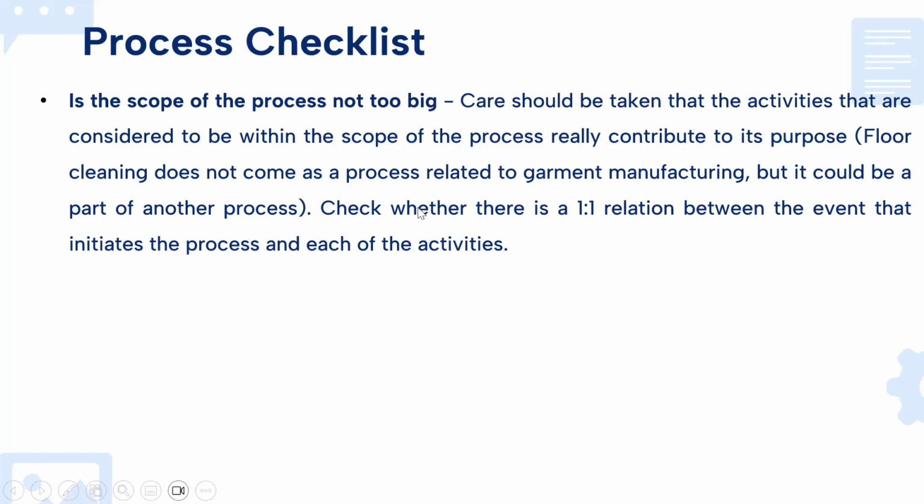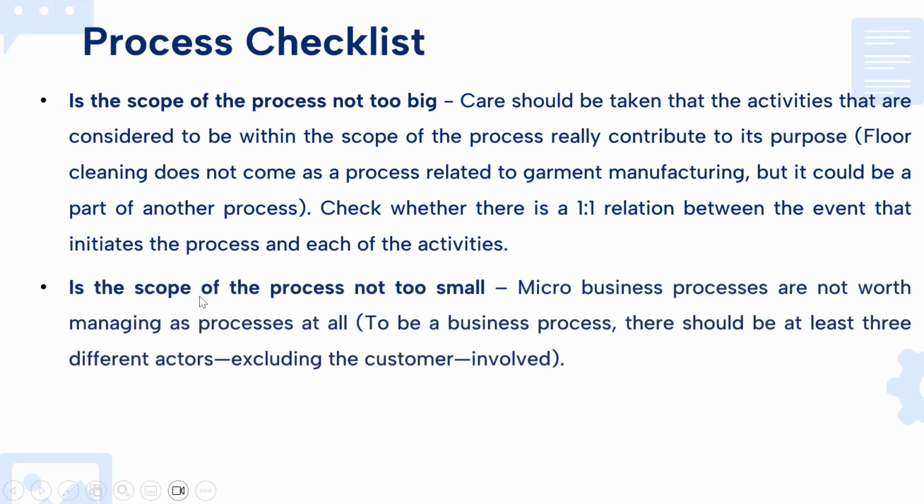And the next one is, is the scope of the process not too small? When you identify processes, there might be very large processes, medium or average size processes, and very small processes like micro business processes. These are not worth managing as a process at all because they do not have many process steps, nor many process actors.